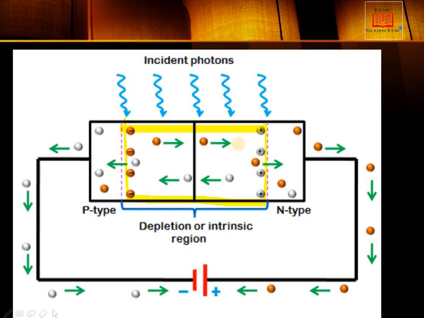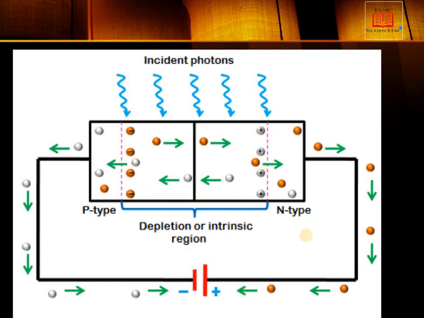When these electron and hole pairs want to cross the depletion region, they need energy, and we provide this energy in the form of photons. External light is a form of energy, energizing them to cross the depletion region. Electrons are attracted towards the positive terminal, and holes towards the negative.